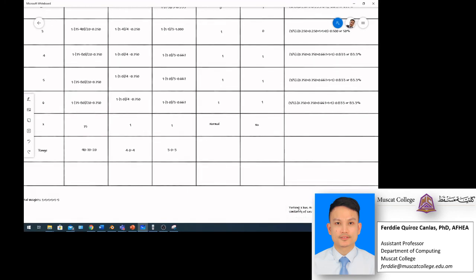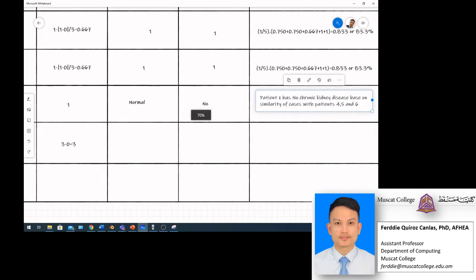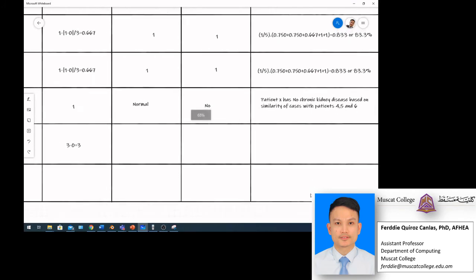So this is our conclusion. Okay, so patient X has no chronic kidney disease based on the similarity of cases with patients 4, 5, and 6.